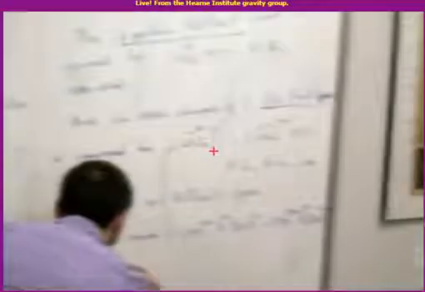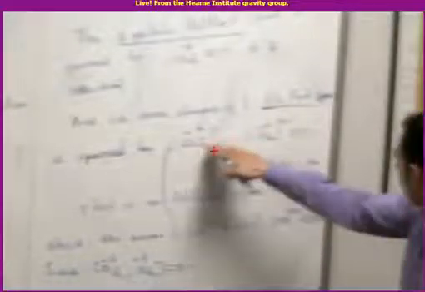And the last comment, since creation operators for one k and creation operators for a different k always commute, that means that these kinds of states are symmetric under the change of particles.